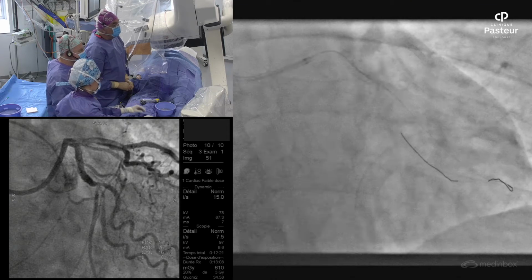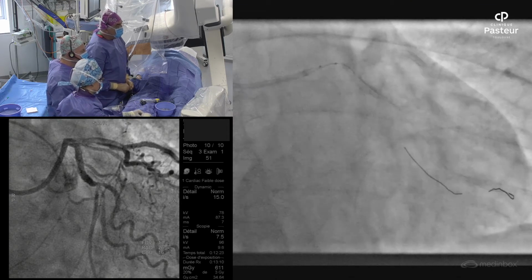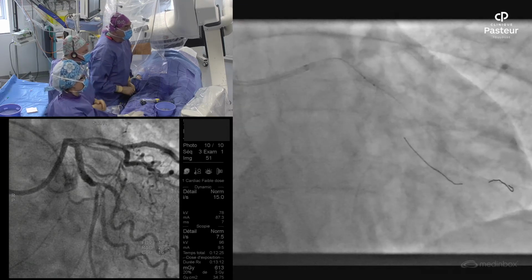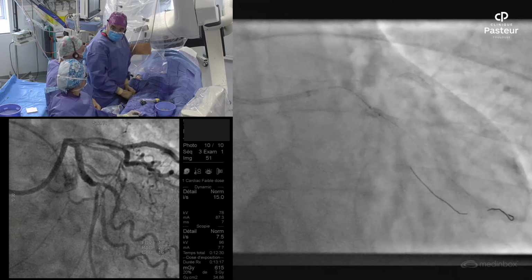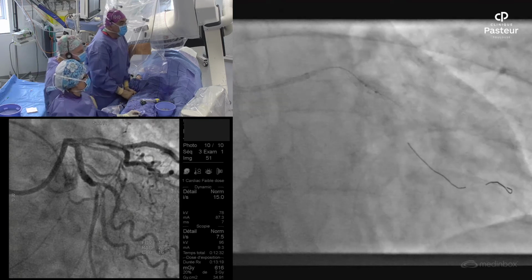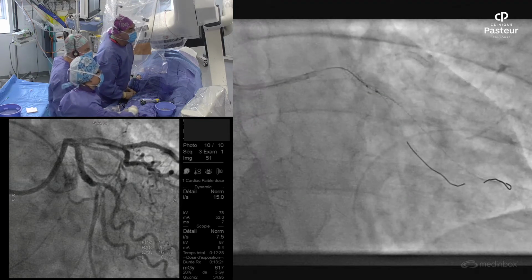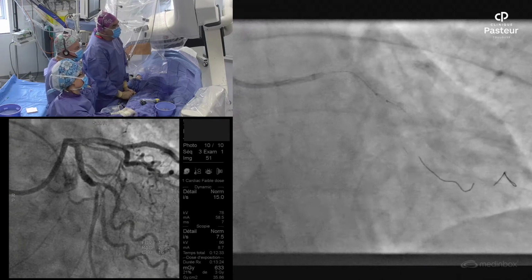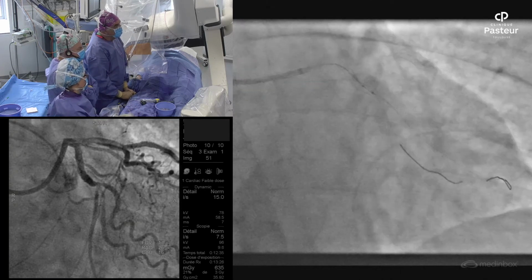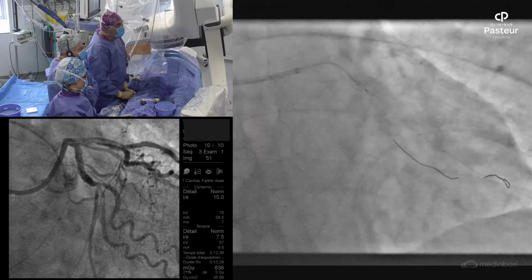So these are the different steps of what we call the TAP technique. So here we have the short balloon. What's the length? It's 8 millimeter. So test to be sure that the distal marker will be at the site of the bifurcation. I advance a little bit the balloon.